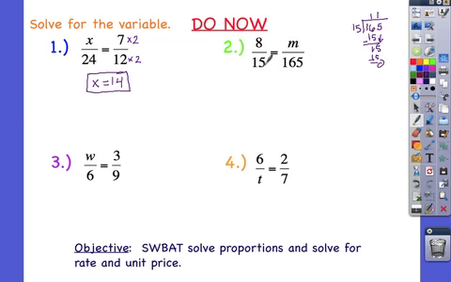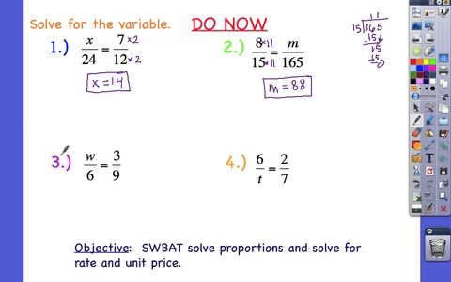And we get 11, which means that we multiplied our denominator by 11 to get 165, and whatever we do to the bottom, we do to the top. So m equals 88, because 8 over 15 is equivalent to 88 over 165.